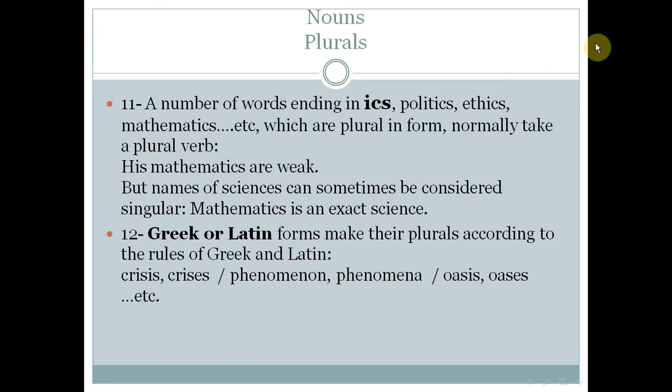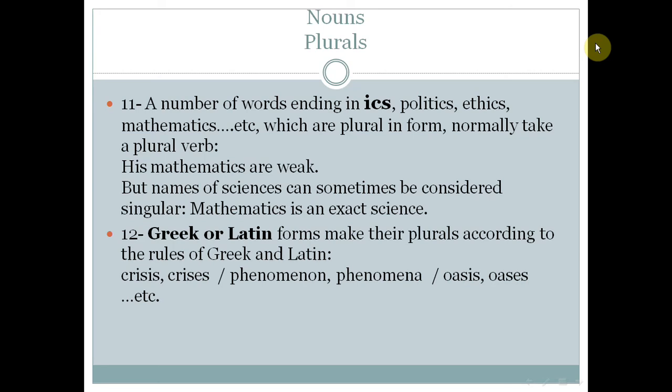A number of words ending in ICS: politics, ethics, mathematics, etc. You can see that they end in ICS, which are plural in form, and normally take a plural verb. So we say his mathematics are weak, not is weak. But names of sciences can sometimes be considered singular.